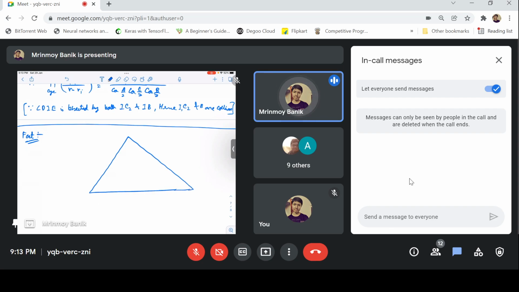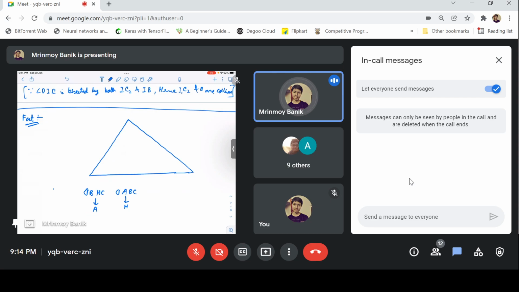I was trying to point out that if you try to find the orthocenter of the triangle BHC instead of triangle ABC, whose orthocenter is H, this triangle will have the orthocenter A. And similarly, if we try to find out the orthocenter of ABH, it will have C as the orthocenter.